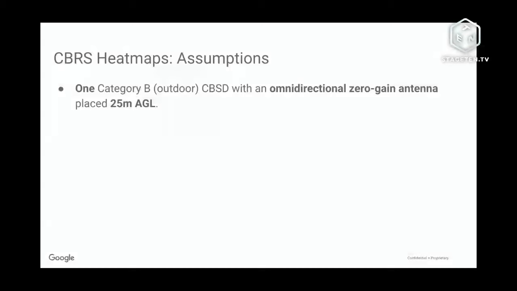So a directional antenna pointing away from the ocean near the coast might have more spectrum availability than an omnidirectional antenna in the same location. Lastly, we're assuming that every antenna is 25 meters above ground level at each location. So if your device is lower or your device is higher, again, your spectrum availability in practice may vary.